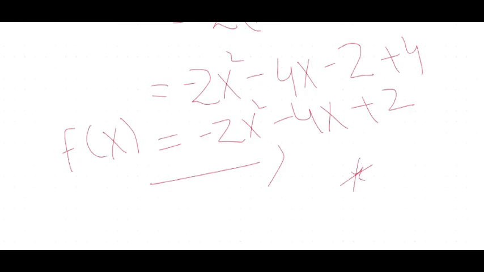Question 5.2 is: determine the value of k for which h of x equals f of x plus k will have no real roots. So the function h of x is a vertical shift of f of x by k units.